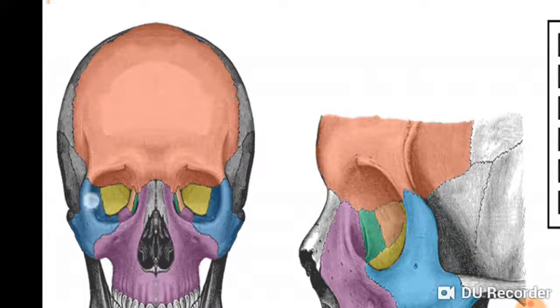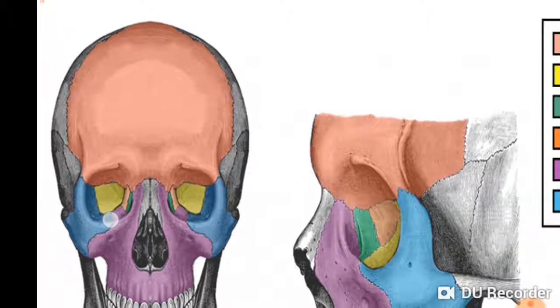The roof is mainly formed by the frontal bone. The lateral wall is mainly formed by the zygomatic bone. The floor is mainly formed by the maxillary bone and somewhat by the zygomatic bone too.